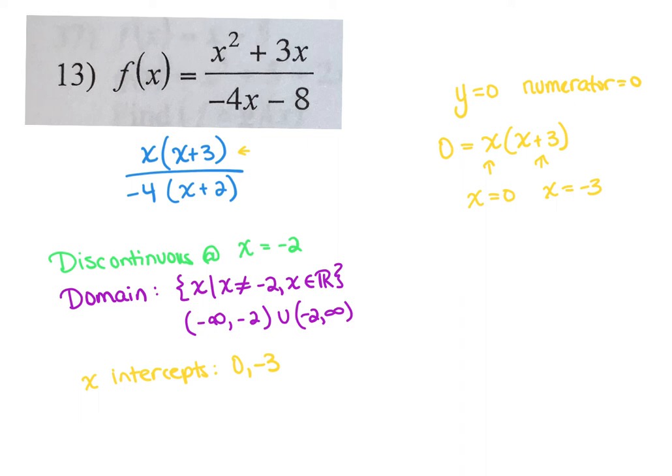For y-intercepts, I plug in a 0. So I usually go back to my original one to do this. So x-intercept, you set y equal to 0. For your y-intercept, you plug a 0 in for all x's.